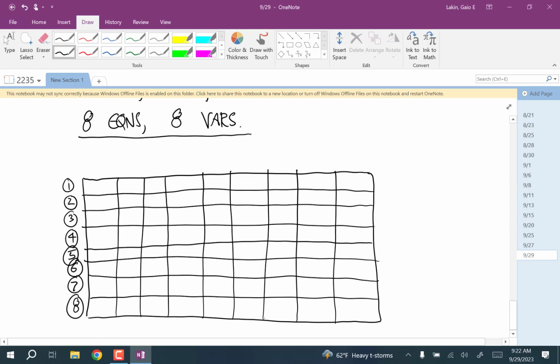And then we have the force on 1 by A, X and Y. The force on 1 by B, X and Y. The force on 2 by B, X and Y. And the force on 2 by C, X and Y. And then the constant.